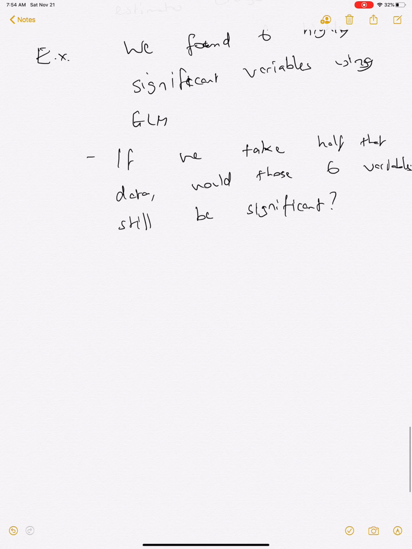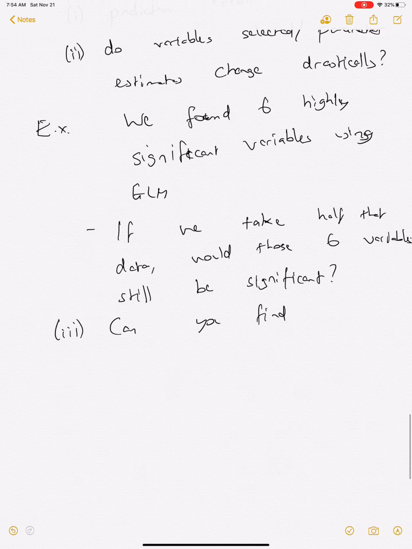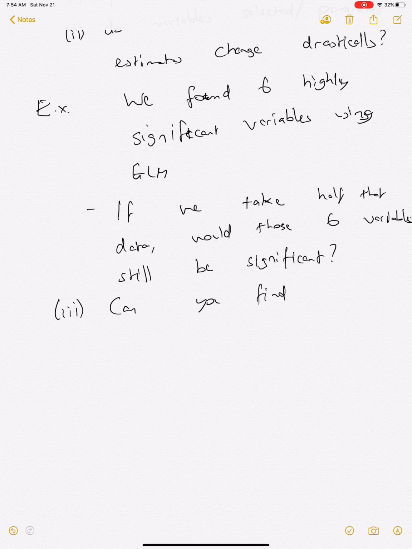The notion of stability is also very connected to the notion of variance. So can you find confidence intervals? This is quite challenging.